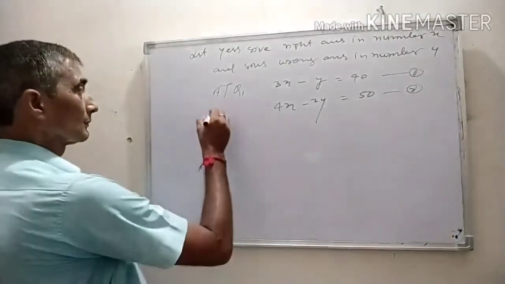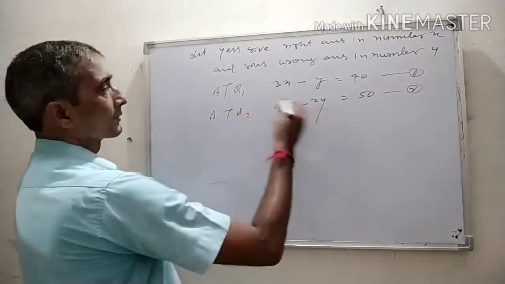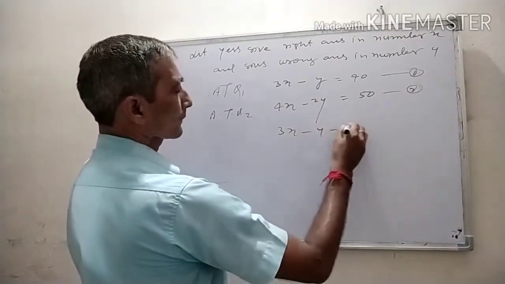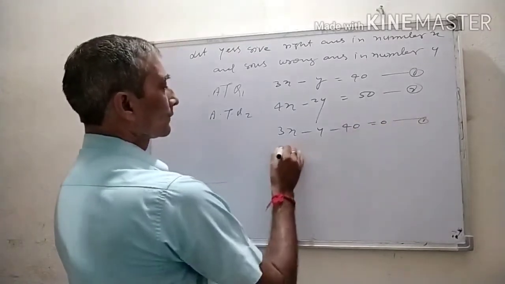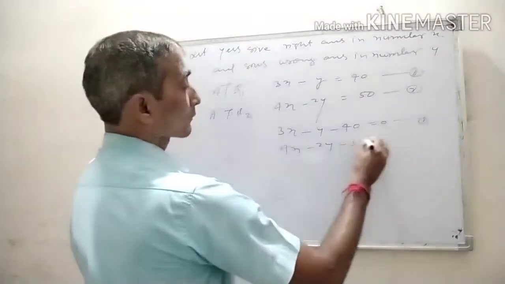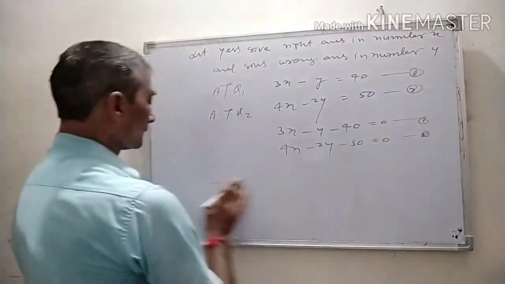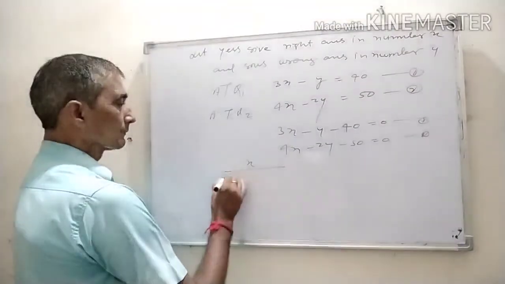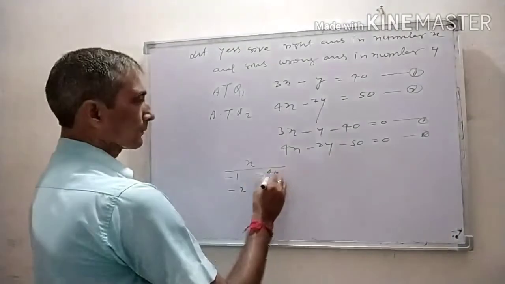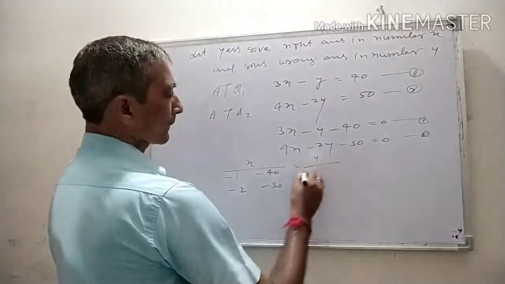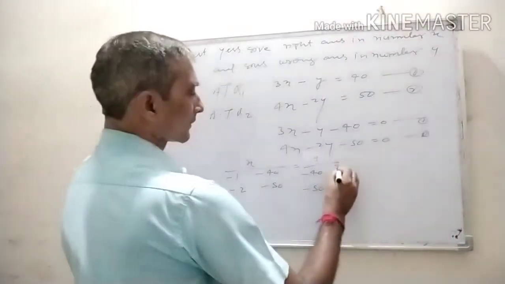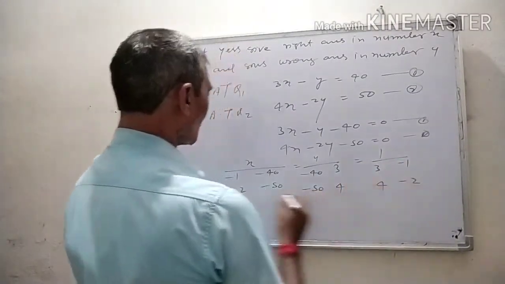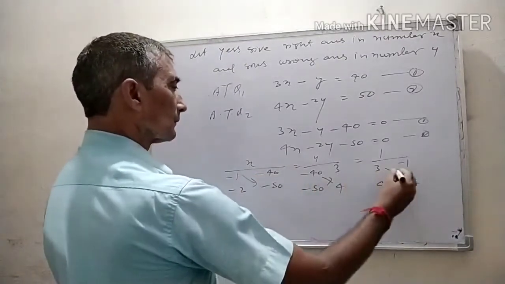ATQ 2. Now, these equations can be written in the form of 3x minus y minus 40 equal to 0, 4x minus 2y minus 50 equal to 0. Now, solve it by the cross multiplication method. X by minus 1, minus 2, minus 40, minus 50, y upon minus 40, minus 50, 3 and 4, 1 upon 3, 4, minus 1, minus 2.